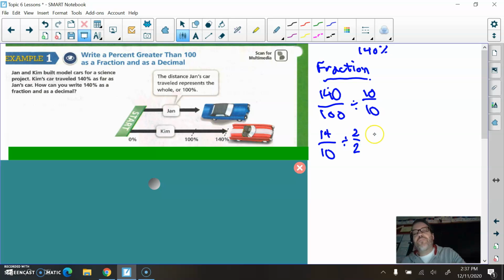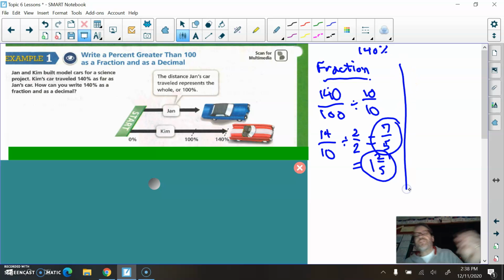Anyway, 14 divided by 2 is 7. 10 divided by 2 is 5. So as a fraction, 140% is 7/5. Now, again, you can divide this and change it into a mixed number, and it would be 1 2/5 as a mixed number. And that's quite lovely.